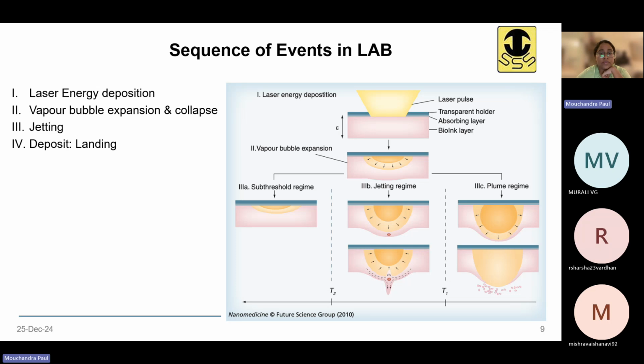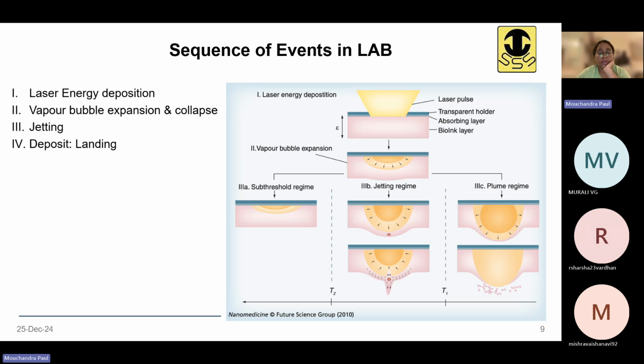And quickly, if I were to explain how gamma is changed and how the three regimes are defined: if gamma is greater than gamma 2, which is one threshold value, then you will get a sub-threshold regime.